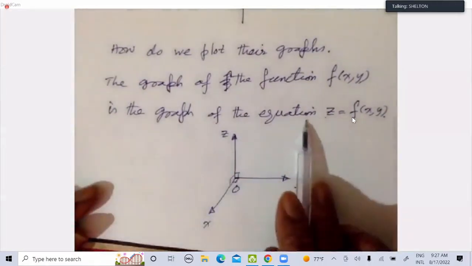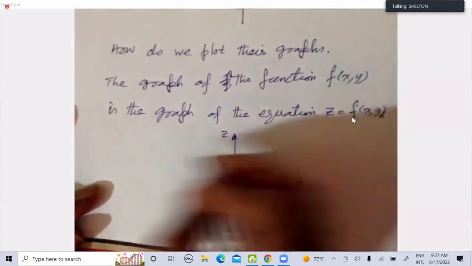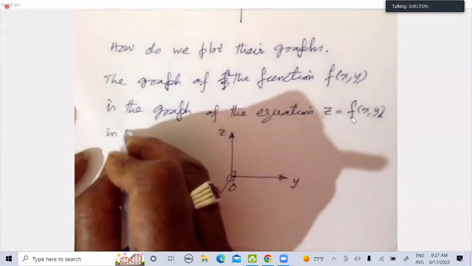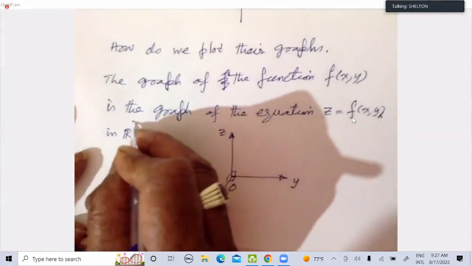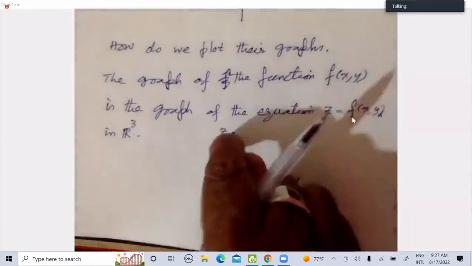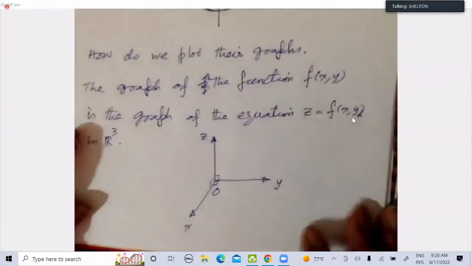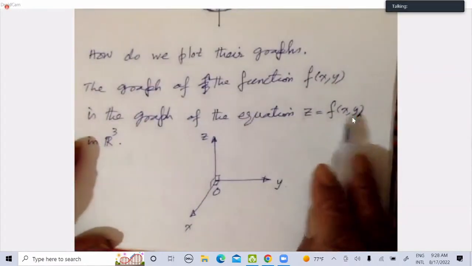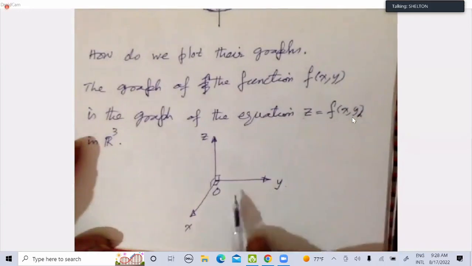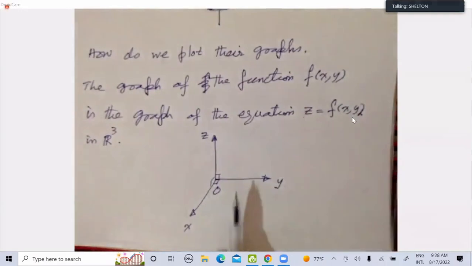So the graph of the equation z equals f of x, y is in R3, three-dimensional space. Three numbers are needed. For every point in the xy plane, which is a point in the domain of f, there would be a real output.